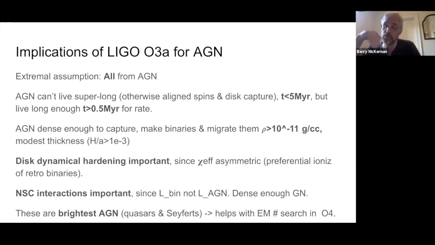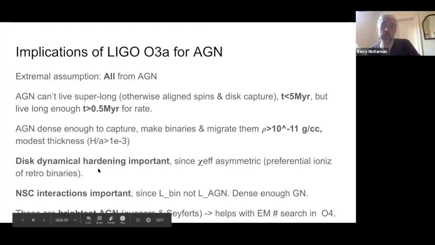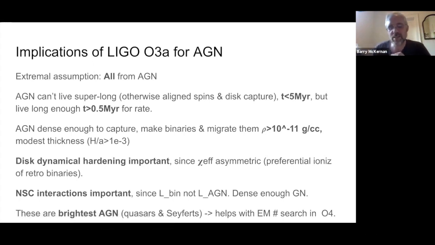So again, if you have me back in the fall, I can tell you more about those results. The nuclear star cluster interactions, that spherical component plunging through the AGN disk, that's also important. So these mergers are happening in fairly dense nuclear star clusters.